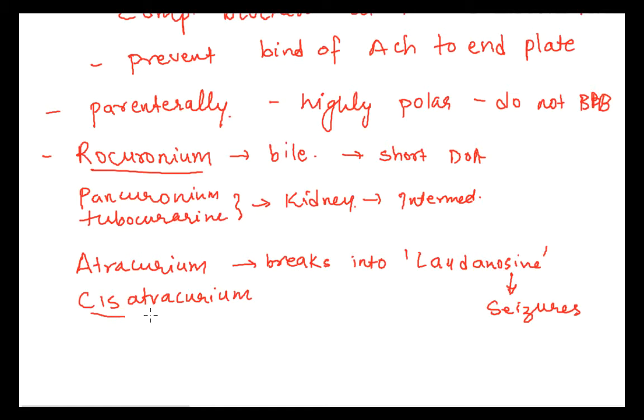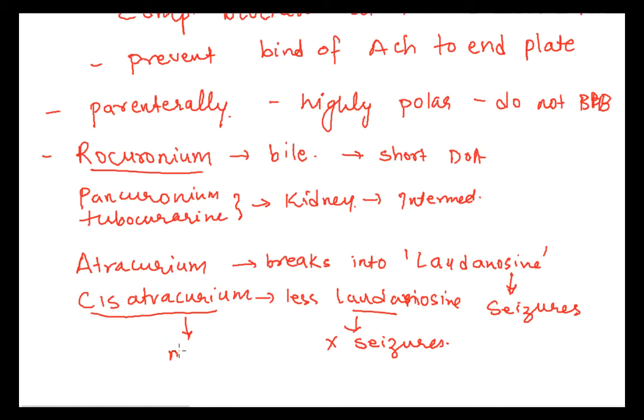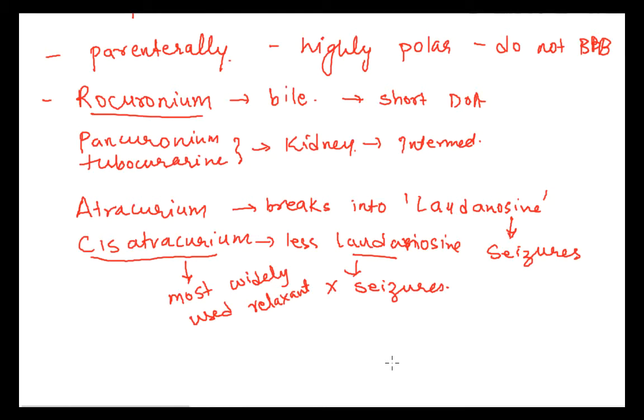So they have come up with the cis isomer of atracurium, which produces less laudanosine, so you have decreased seizures. So it is the most widely used clinically, because these block muscle contraction. These drugs are also known as skeletal muscle relaxants, okay.